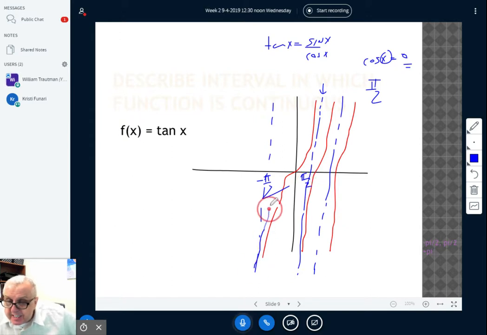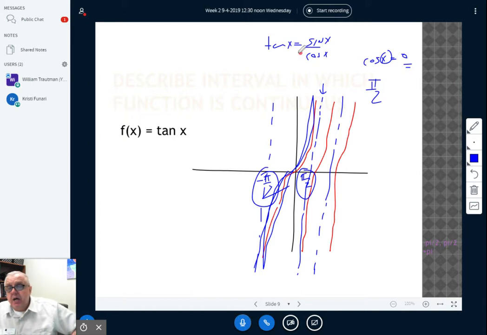This makes it continuous. Do you see? That makes a tangent function continuous if you stay within the boundaries of negative pi over 2 and pi over 2. So the question, I think, is, when is a tangent function continuous?